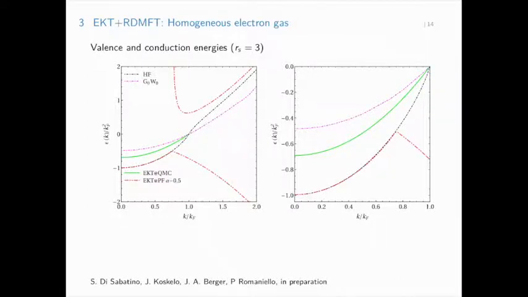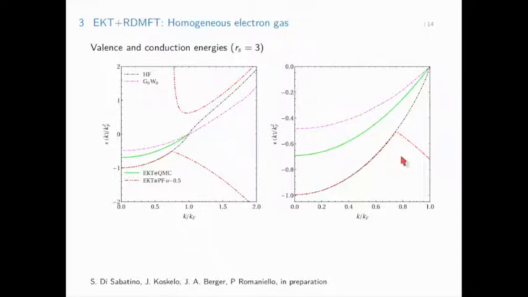When we combine the EKT with the power functional, still with alpha equals 0.5, we obtain this red curve. The most striking feature is the presence of this unphysical band gap that you can see here on the left. When we focus on the valence, we see that we are on top of the Hartree-Fock result up to a certain value of the momentum, and then we have a sort of deformation here, close to the Fermi momentum.